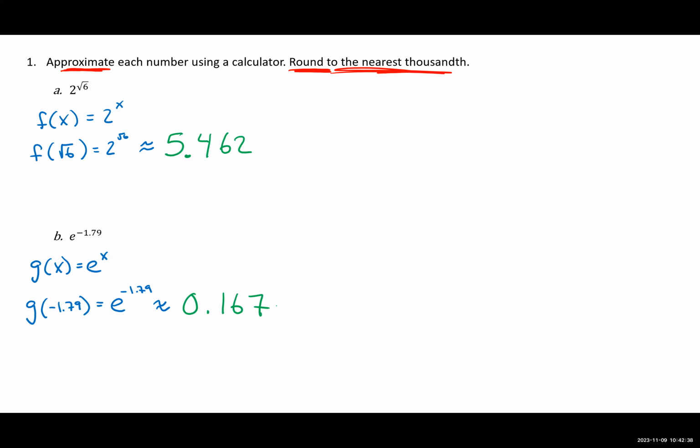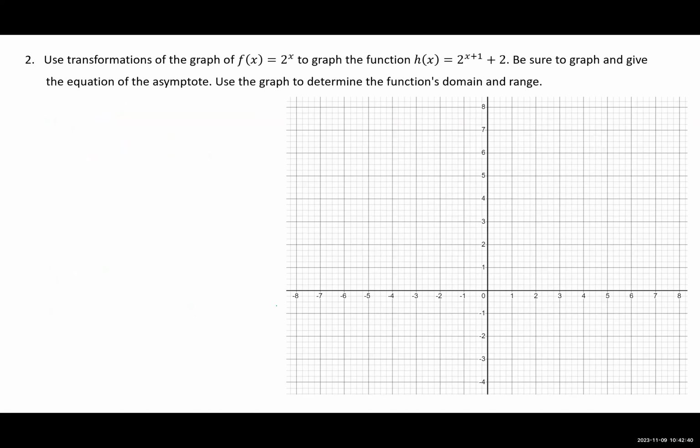All right, I have a few more problems I want to do. Let's see. So, graph the function h of x equals 2 to the power x plus 1 plus 2. So we're going to use transformations of the graph of f of x equals 2 to the x.